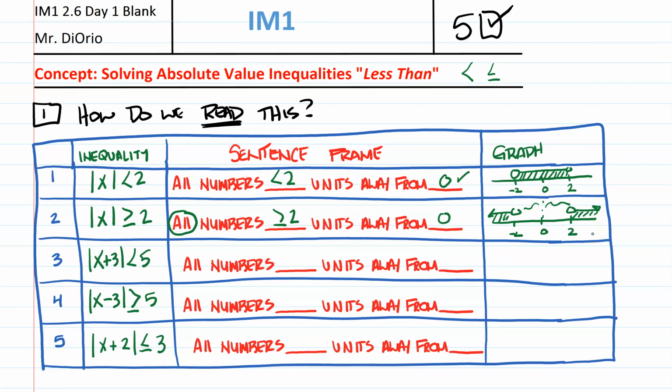Number 3 says all numbers less than 5 units away from -3.